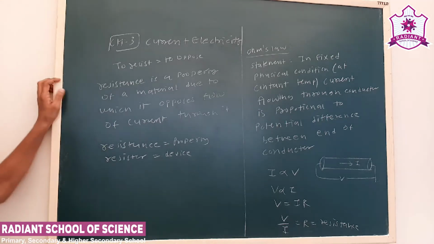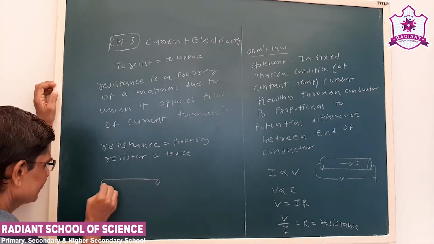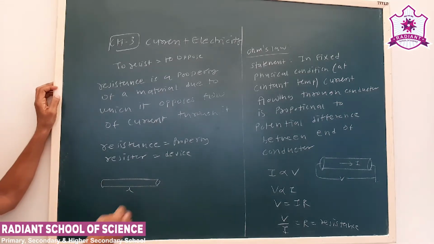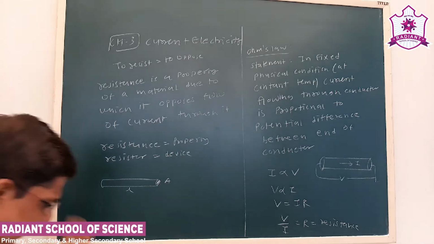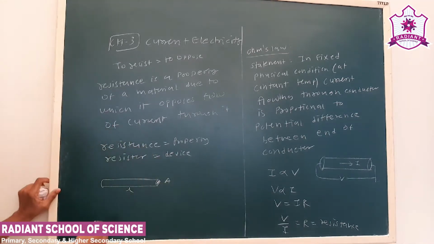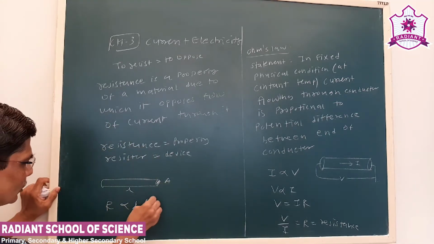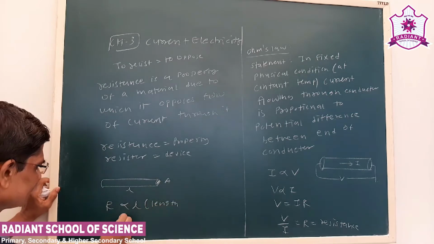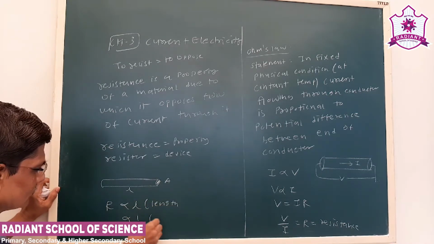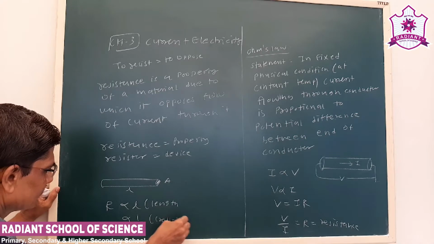Now let us say L is the length of the conductor and A is the cross section area. See, the experiment shows that resistance is directly proportional to length and inversely proportional to cross section area.